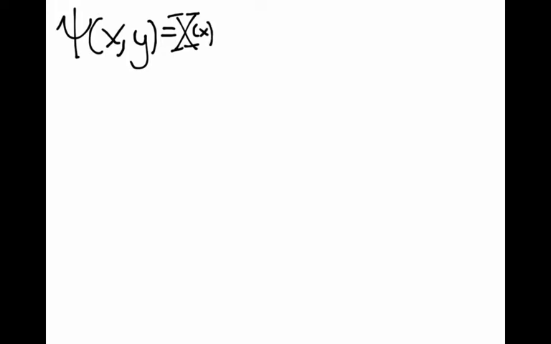Now, one of the reasons I'm doing this two-dimensional box this year, where I haven't had time to do it in past years, is that it's a good illustration of this principle because it comes out in a fairly straightforward way. So for our function psi of x,y, we're just going to hope that it's equal to a function big X, which only varies with x, and a function big Y, which only varies with y.